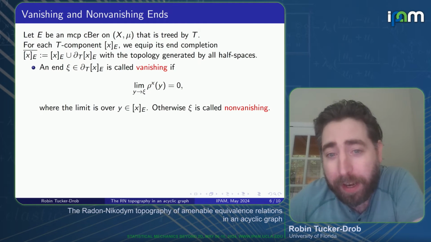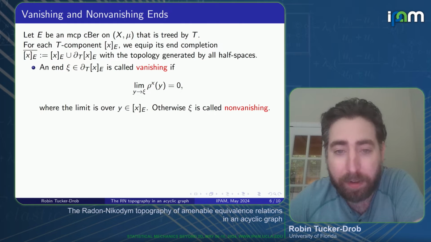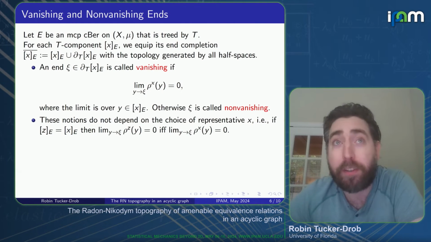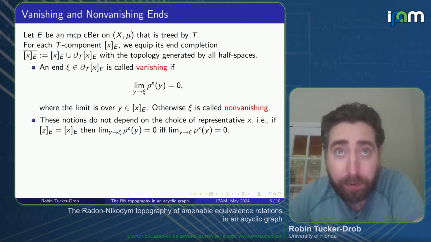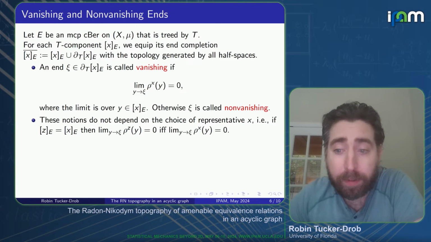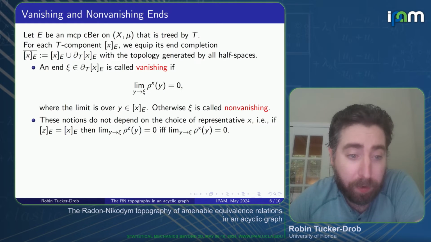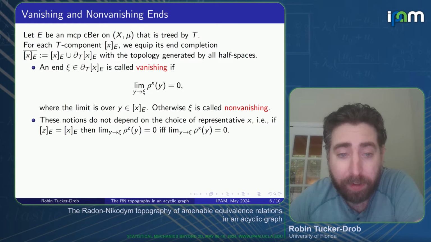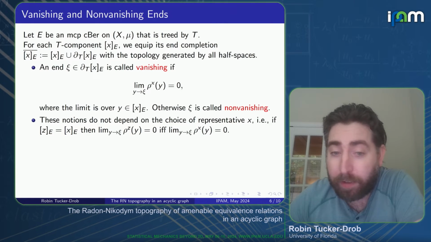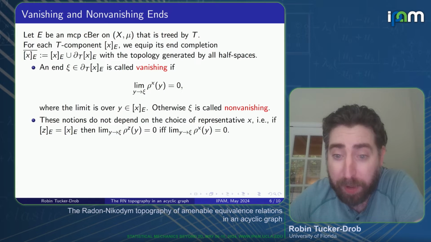One thing here is that this notion seems to depend on which perspective you're taking from x. If I move to an equivalent point z, what happens? The answer is nothing changes. This notion of vanishing or non-vanishing is independent of the choice of base point. If z and x belong to the same equivalence class, then the end will be vanishing from z's perspective if and only if it's vanishing from x's perspective.